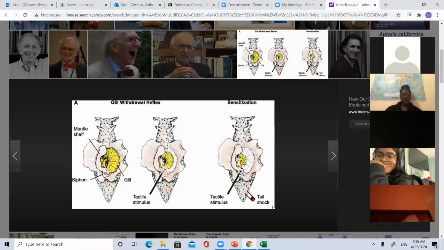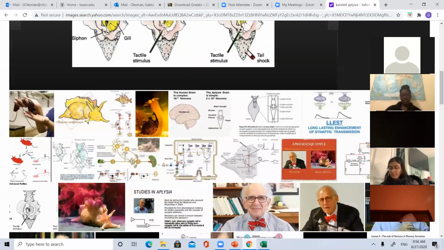Basically, memory is an association between two different things, right? So tactile stimulation, tail shock, right? So Aplysia learned that whenever something touches it, it gets a shock. So it was actually hiding a certain part of itself, but it doesn't matter. He was able to create memory.